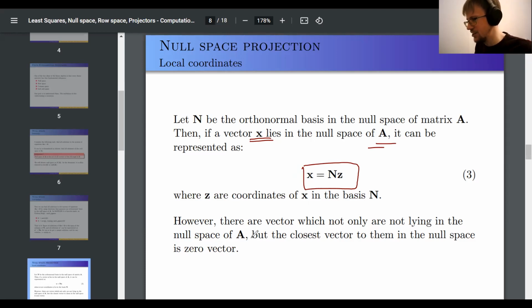Not every vector is in the null space of A, but there are even vectors for whom the closest vector in the null space is a zero vector.